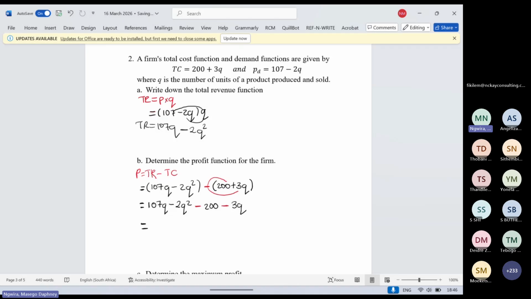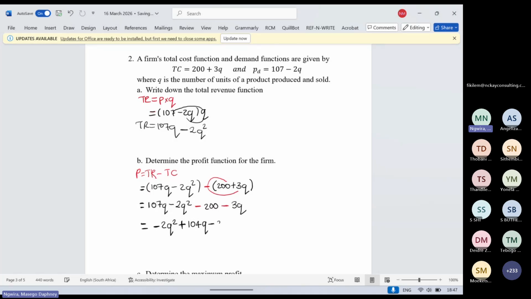So this is equal to, you will notice that 107Q is the same as 3Q. They both have Qs, they're both bananas. So I'm going to write this negative 2Q first because it doesn't have a friend, no like terms. And then I'm going to say 107Q minus 3Q. It's going to give me a positive. You can use a calculator. It's going to give us 104, a positive 104.